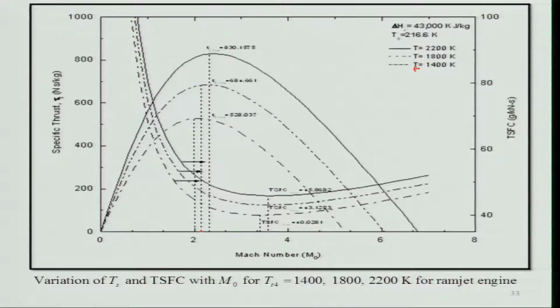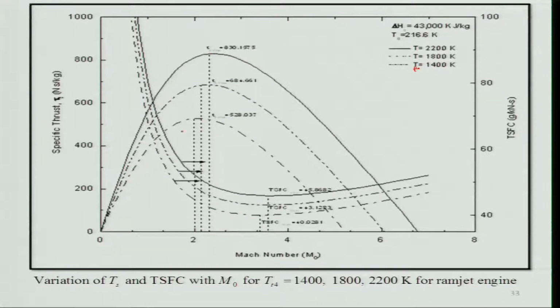Similarly for 2200 Kelvin, you will have a similar curve, only there is a little shift in the maximum specific thrust to a little higher Mach number, right? Only that is the difference, but it is similar.